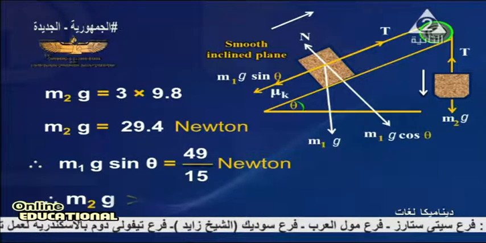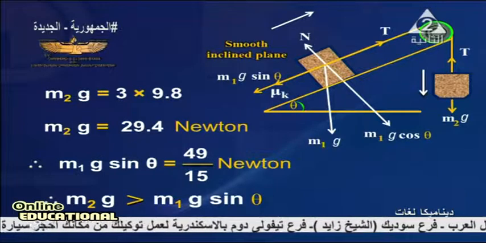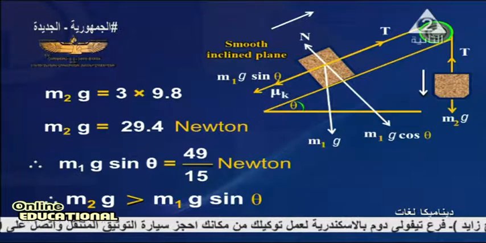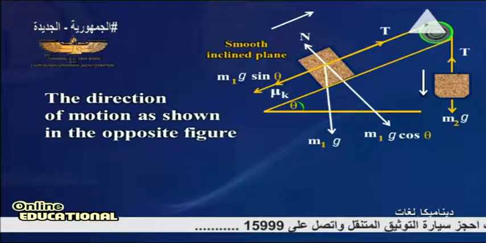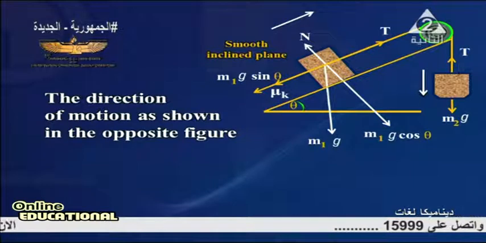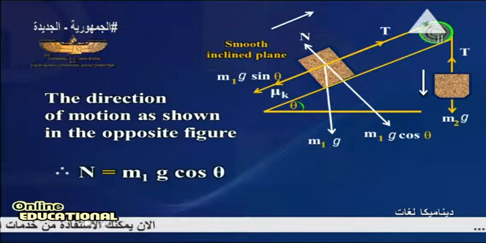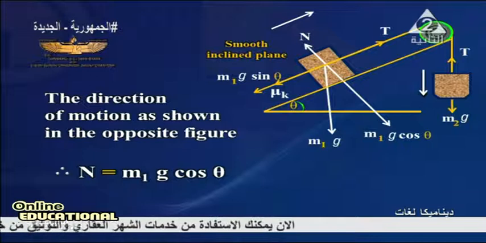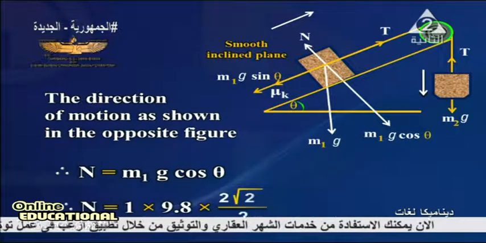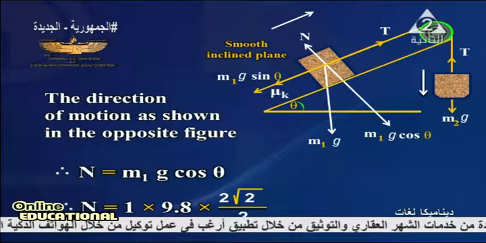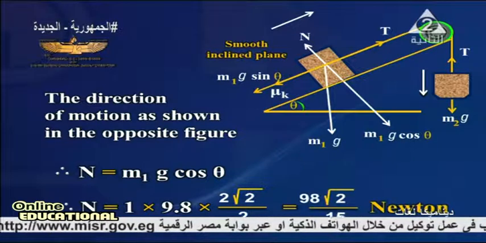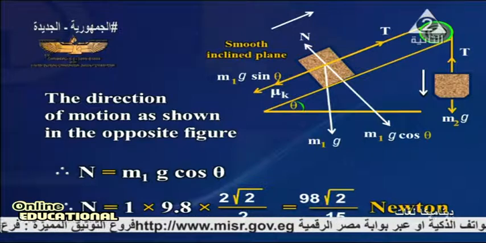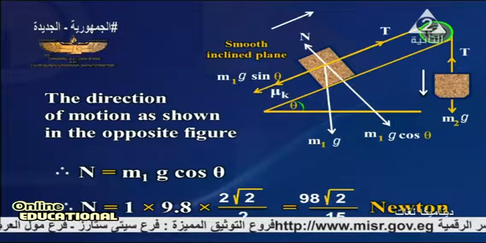Then M2g is bigger than M1g sine theta. Now, the direction of motion is as shown in the opposite figure. Then N equals M1g cosine theta, which equals 1 times 9.8 times 2 root 2 over 3. Then N equals 98 root 2 over 15 Newton.